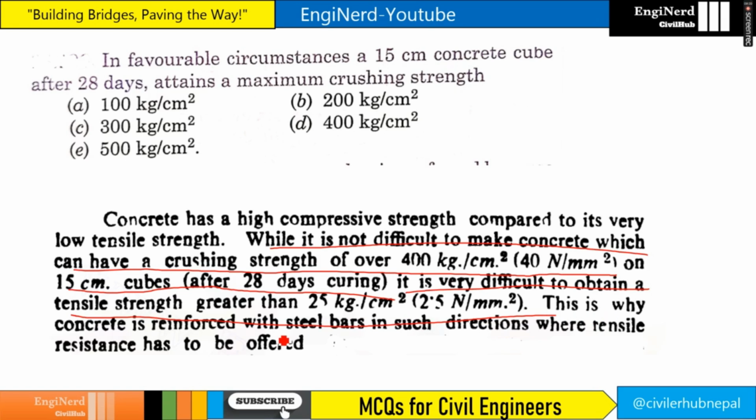This is why concrete is reinforced with steel bars in such direction where tensile resistance has to be offered. So in this case the answer is 400 kg per centimeter square.